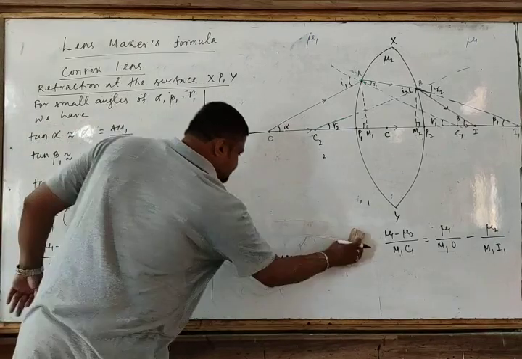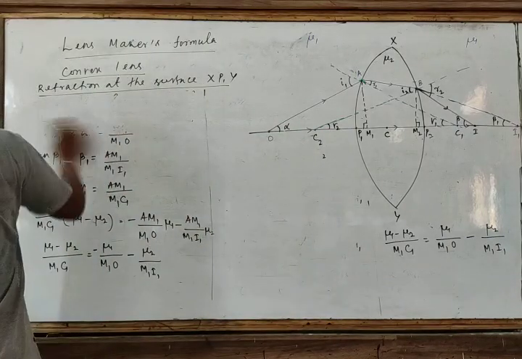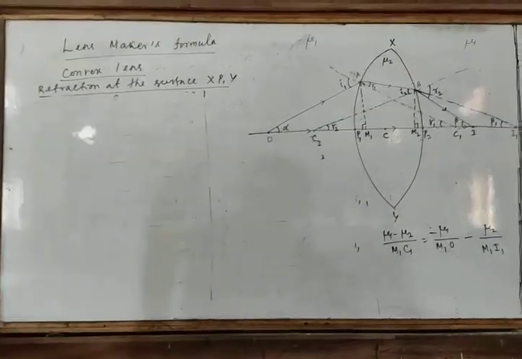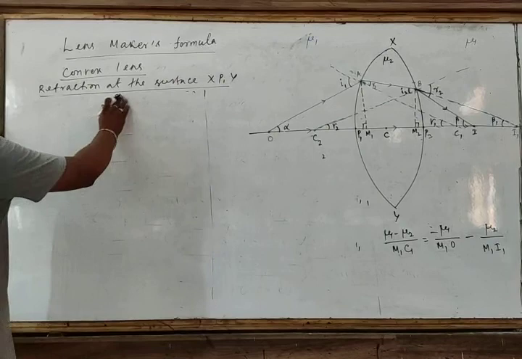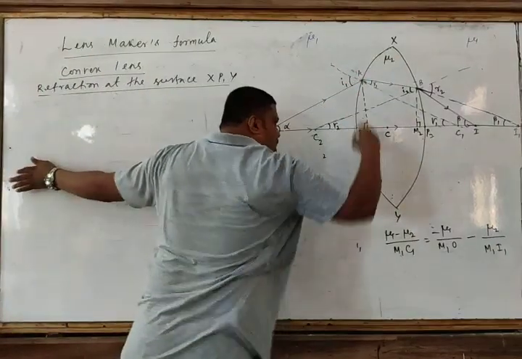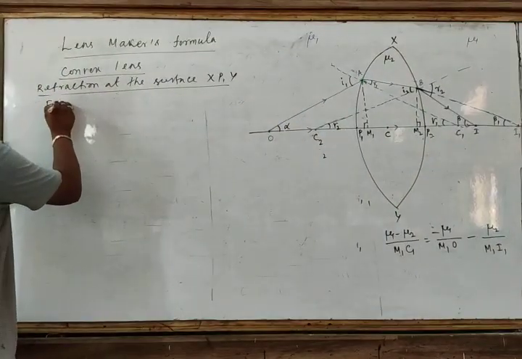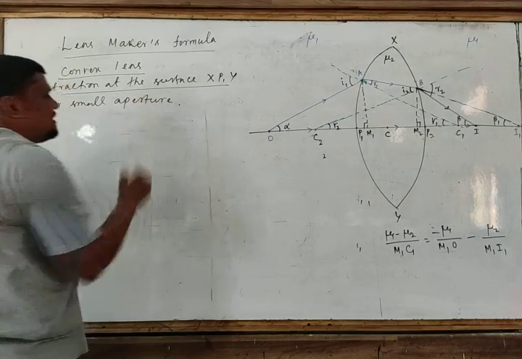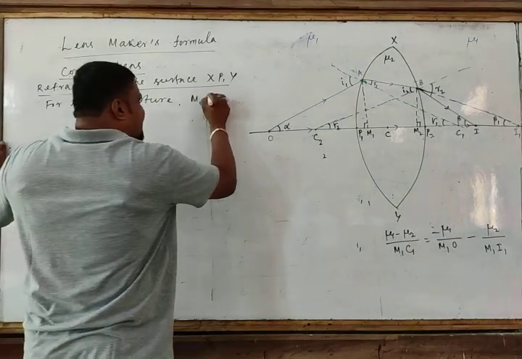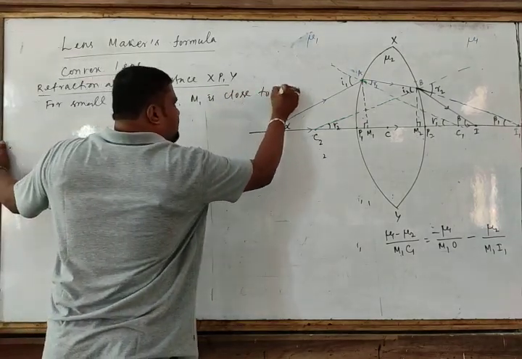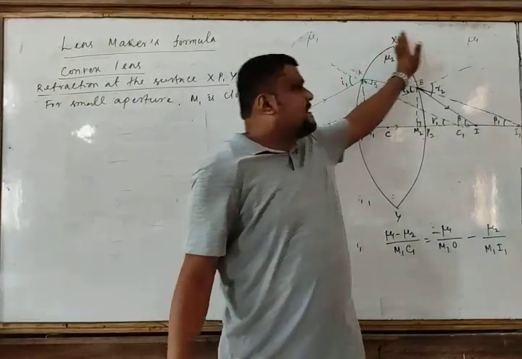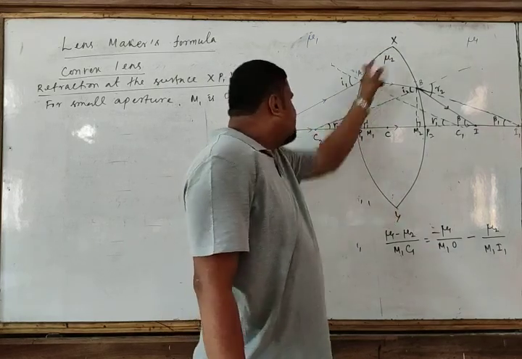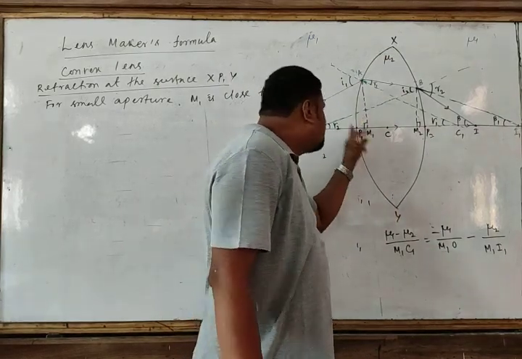From this expression, the next assumption is that for small aperture of the curved surface, M1 is close to P1, because I am not considering the lens, I am considering only this surface XP1Y. So for the small aperture, this perpendicular M1 is close to P1.